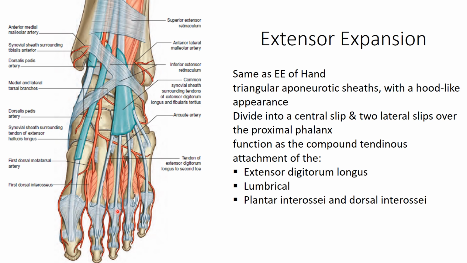The lumbricals and these interossei are attached to the lateral slip, and the extensor digitorum longus lies in the central slip, and through these they function in unison as they cause the extension of the interphalangeal joints and flexion at the metatarsophalangeal joint.